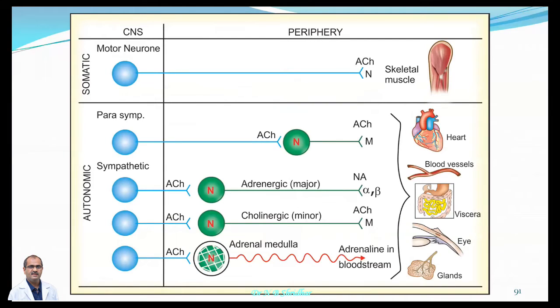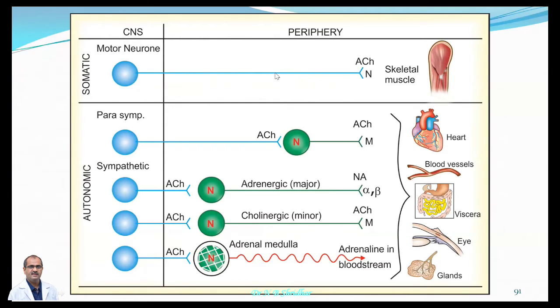And this is a little more exhaustive, the difference between the parasympathetic and sympathetic nerves. This is the somatic nerves, and of course the autonomic nerves, in which both parasympathetic and sympathetic outflow are present. In somatic nerves, the motor neuron is very lengthy.